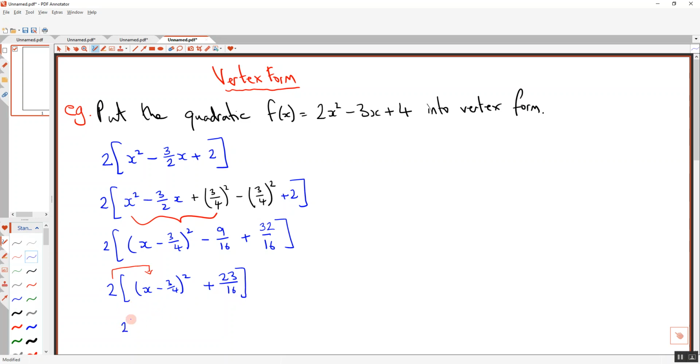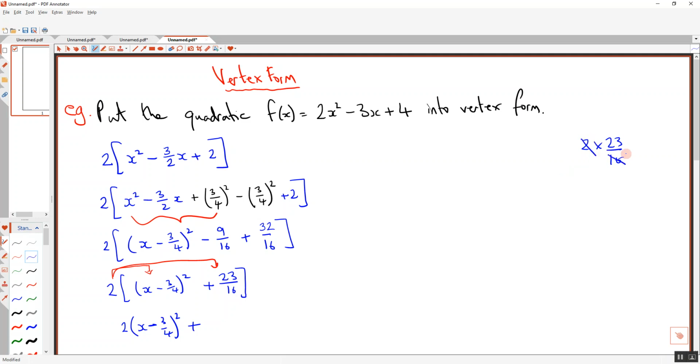So I get 2 multiplied by all of this stuff, and then 2 multiplied by this. What's 2 multiplied by 23 over 16? Remember, if I'm doing 2 multiplied by 23 over 16, how many 2's are there in 16?